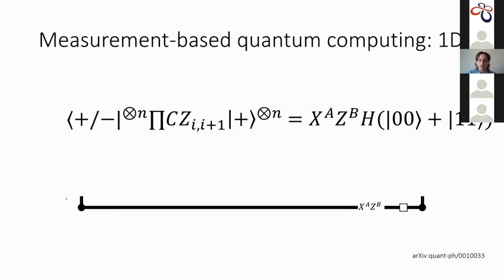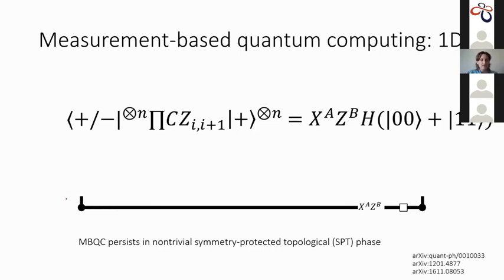And so the first thing is, it turns out you can pick different measurement bases to get whatever single qubit gate you like instead of Hadamard. And then the second important thing is that this measurement-based implementation of single qubit gates persists throughout the whole symmetry-protected topological phase.